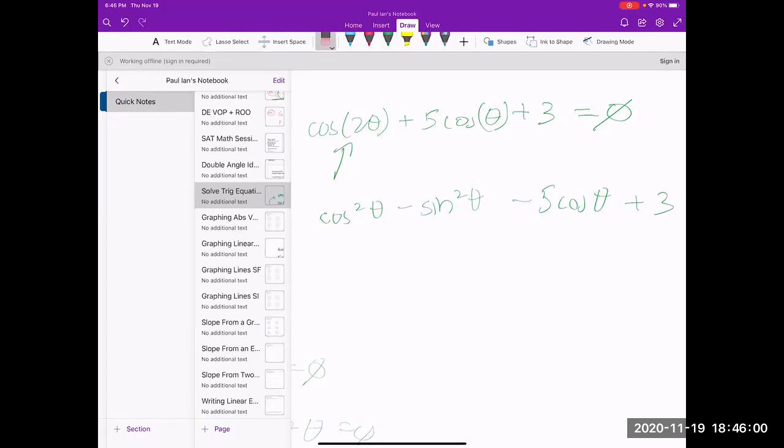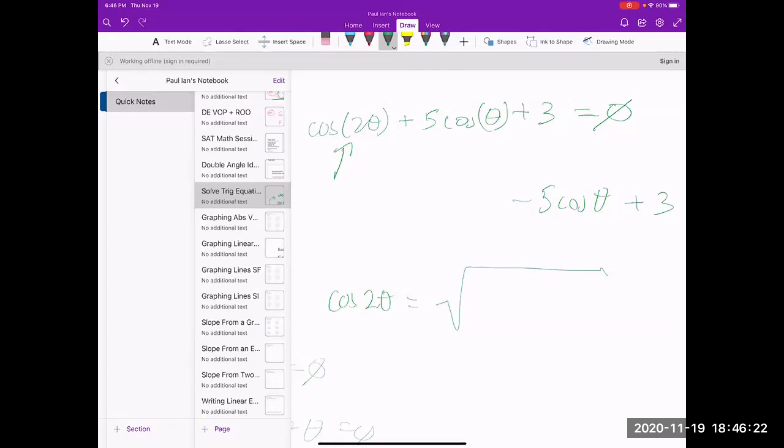So I guess this might not work, but let's try the half angle one. So the cosine 2 theta is square root of... what was the counterpart for this guy?